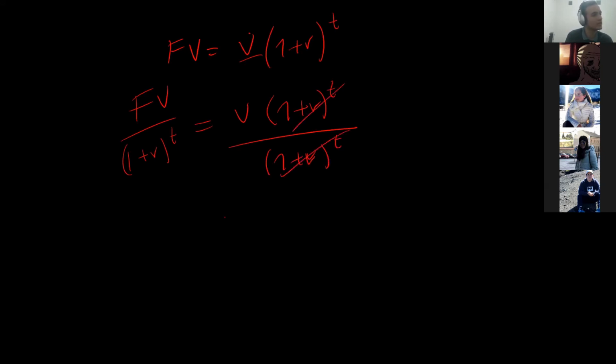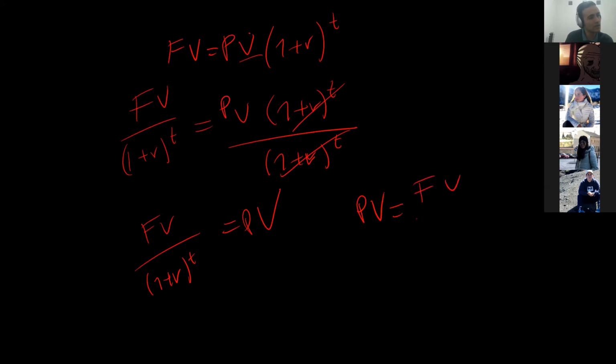You will cancel these two and you end up with future value over 1 plus the rate to the T equals value. So we don't get confused, we want to call this present value, okay? So your formula for present value is future value over 1 plus the rate to something, okay? And that something is the period.